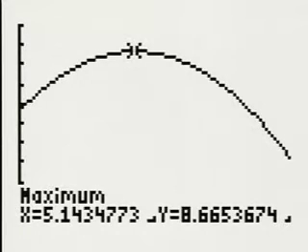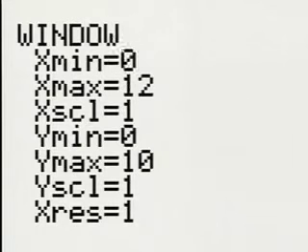For part B of this problem, we want to estimate the rate in the year 2010. What we're going to do there is adjust our window settings. We're going to change x max so that it is 20. That would put us in the year 2012, which is past what we want.